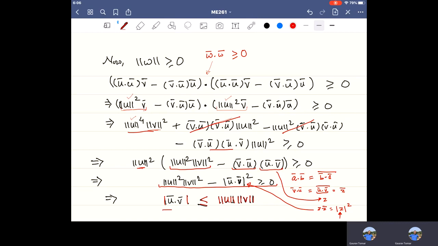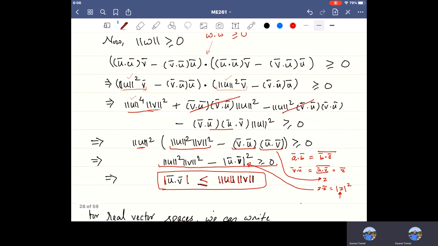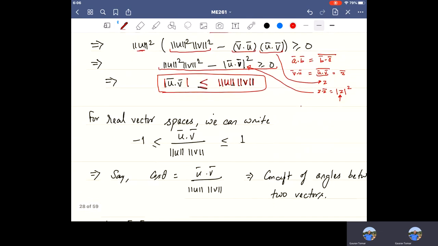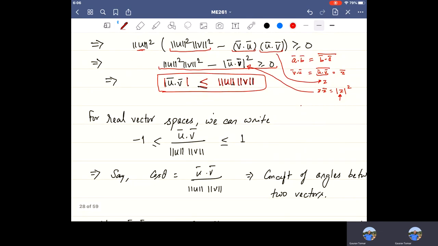So we see that we have proved this theorem, showing the inequality for both real vector spaces and complex vector spaces. Now let's focus only on real vector spaces. Of course, you can extend it to complex too, but let's talk about real vector spaces. Then we can write u dot v as between -1 and 1.